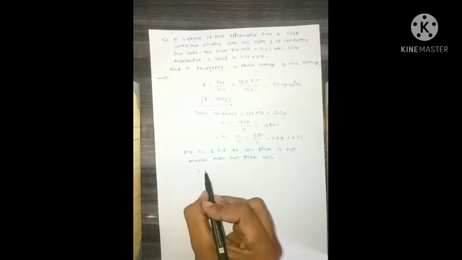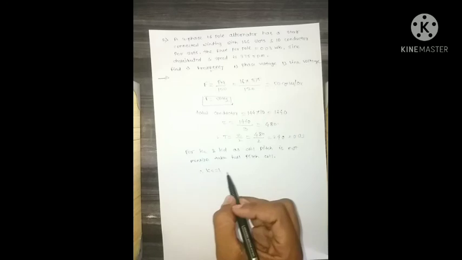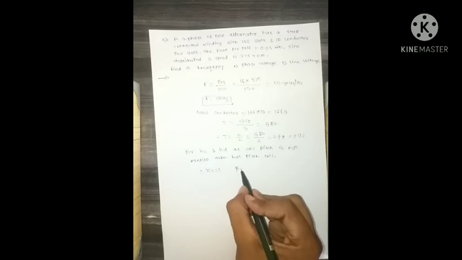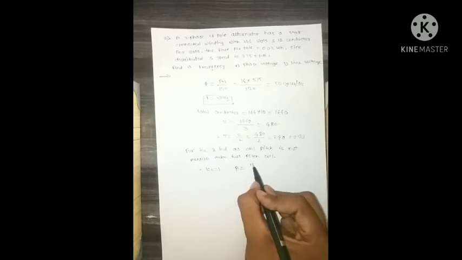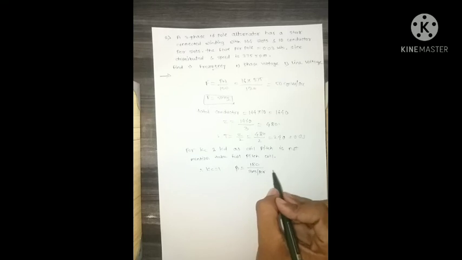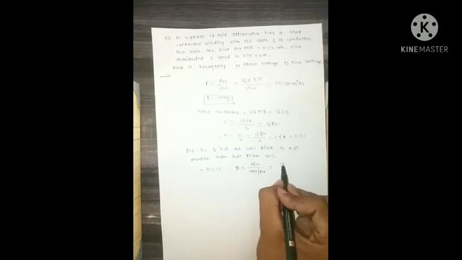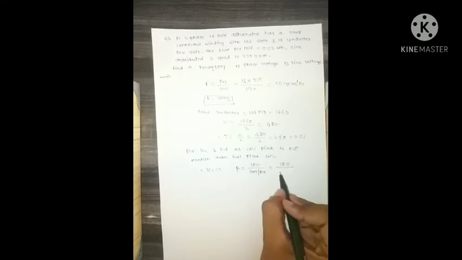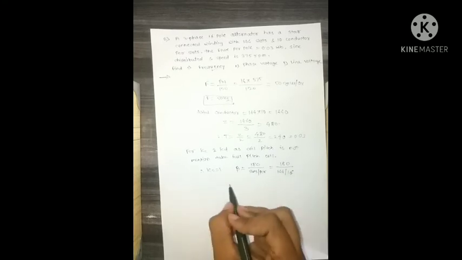Therefore Kc equals 1 and beta equals 180 upon slots per pole, equals 180 upon 144 upon 60.